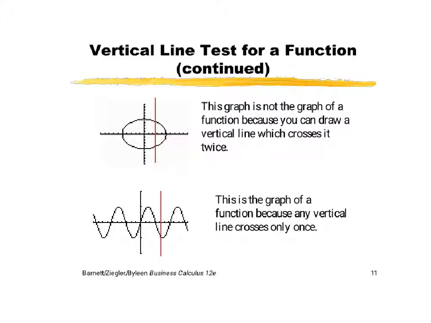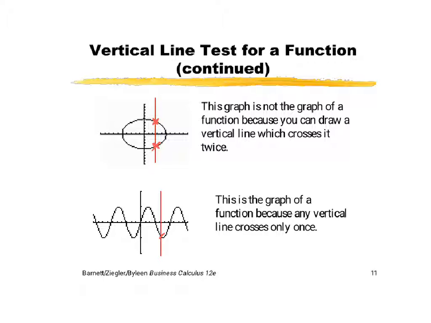Okay, so if we look here, we have two graphs. Notice we have a red vertical line drawn through each graph. For the first one, it crosses 2 points. So we say this graph is not the graph of a function because you can draw a vertical line and it crosses it twice.